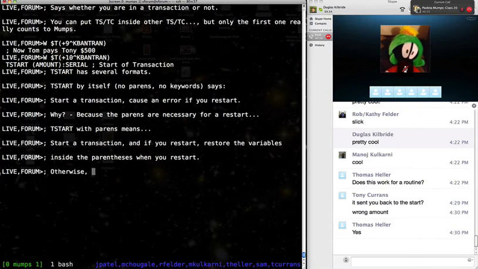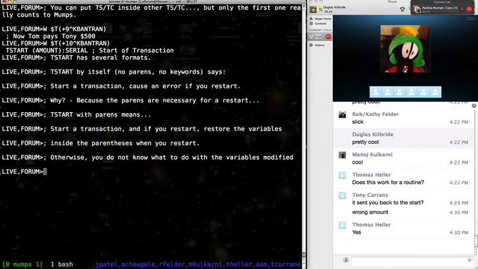Otherwise, you do not know what to do with the variables modified inside the transaction.